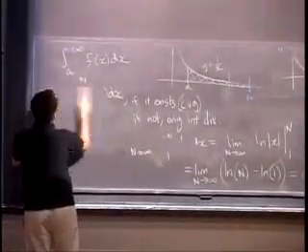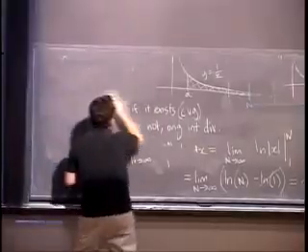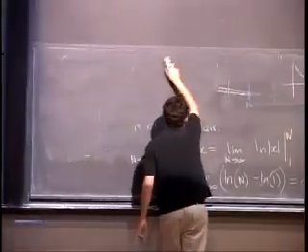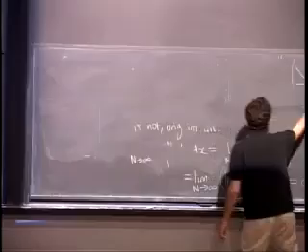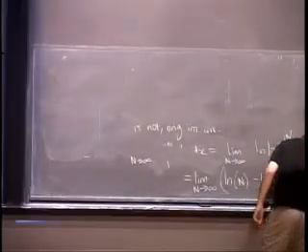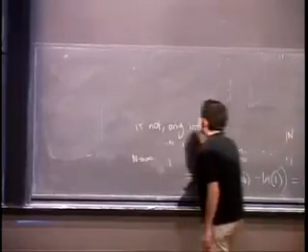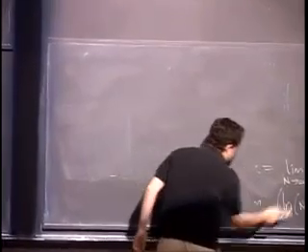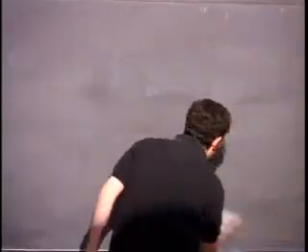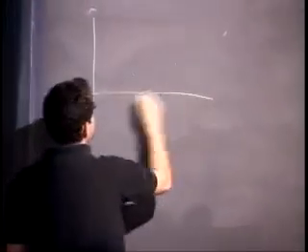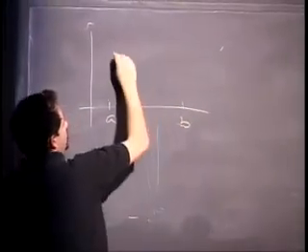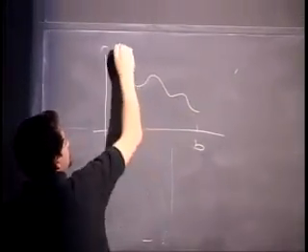Suppose that you screw up and you get the direction the wrong way around. So what am I talking about? Well, if you have your nasty function f, it looks like this, with the asymptote over here.